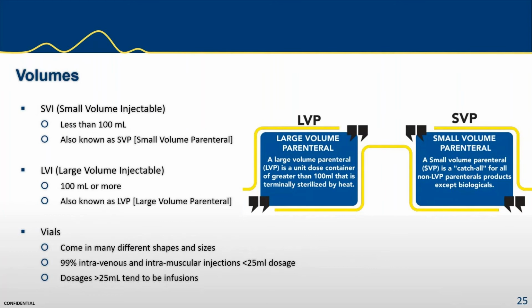The IV or vial products are categorized into either based on volume. So understanding that is important, because the standards are based off of the number of particles per milliliter based on the size of the volume taken.